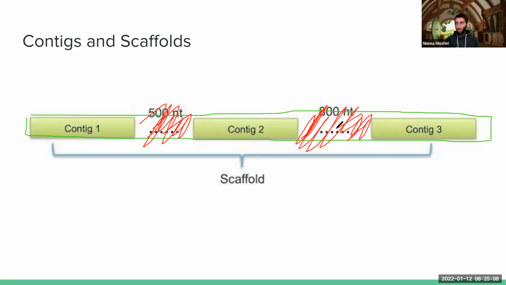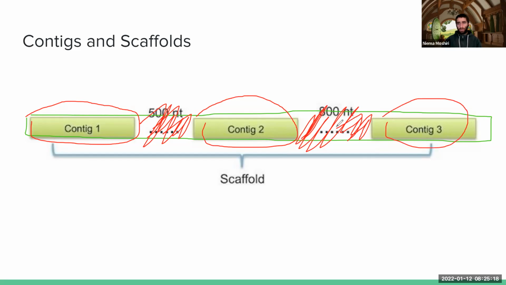So when we run SPAdes, maybe it's able to reconstruct this part of the genome and this part and this part. But because the sequencing machine totally blew up this part and this part, it doesn't even know that those exist. So we call these contiguous pieces of genome that our assembler is able to assemble contigs.